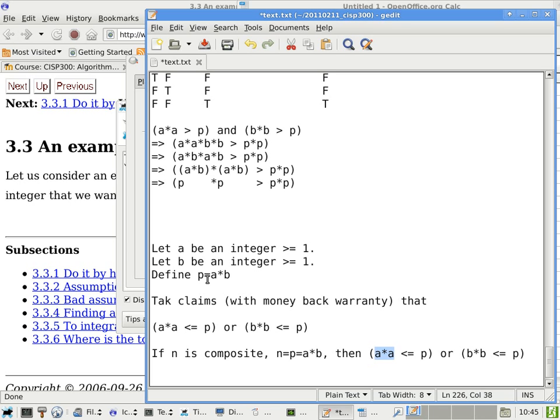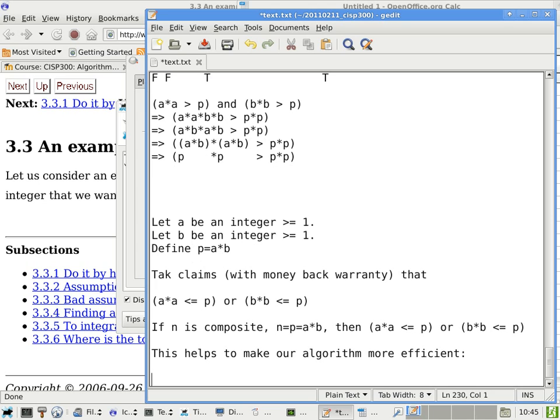It is its own factor. So that's why we can do something like this. This helps to make our algorithm more efficient, because now we can stop as soon as f times f is greater than or equal to n.